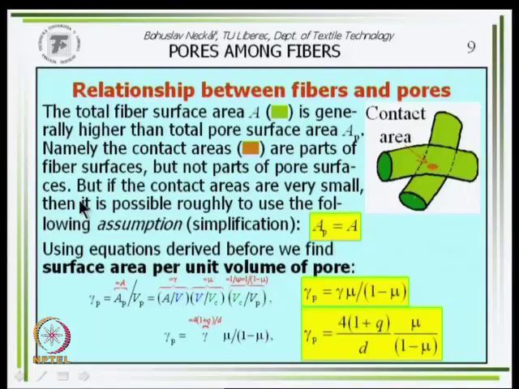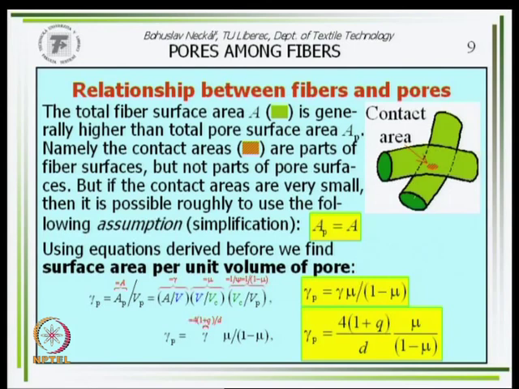But this contact area is not part of pore surface, isn't it? So the pore surface is a little smaller than the surface of fibers.